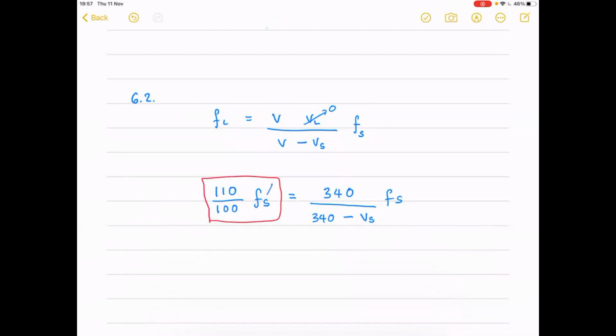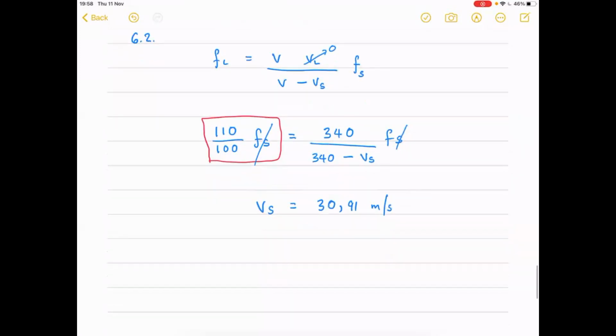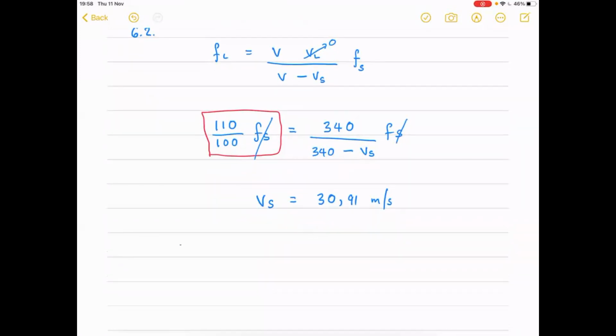This will cancel with that, and then if you put that into your calculator, you can find Vs. You should get 30.91 meters per second. And then to answer the question, if the speed was increasing, then what would happen? The answer would be just increase, if you had to choose between those two.